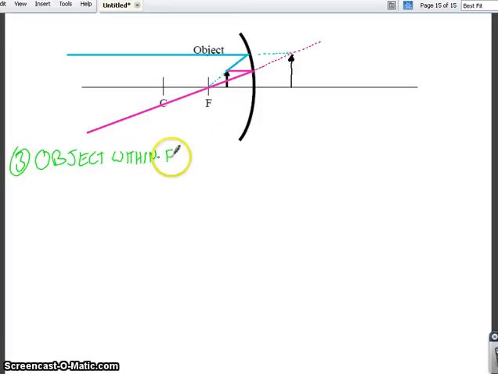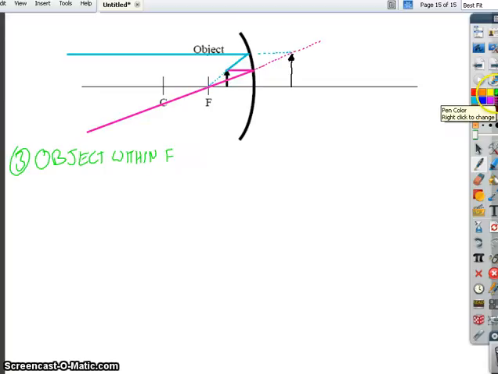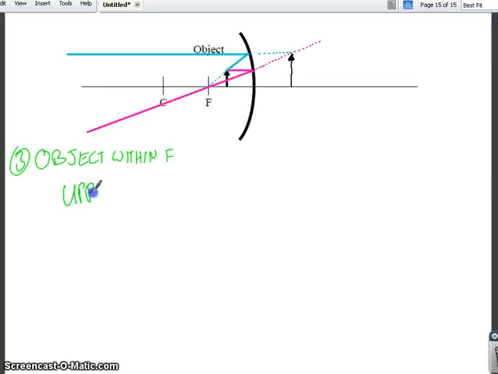So if we have an object within F, we're going to get an image that is upright. It is larger. And it is a virtual image. It is a virtual image because this is not an actual image. These are the extensions of the reflected rays.